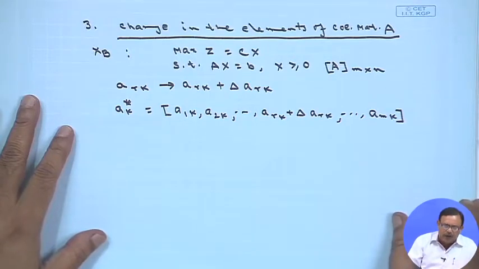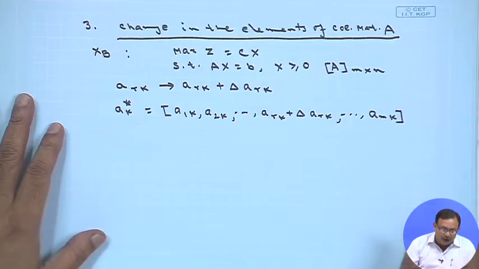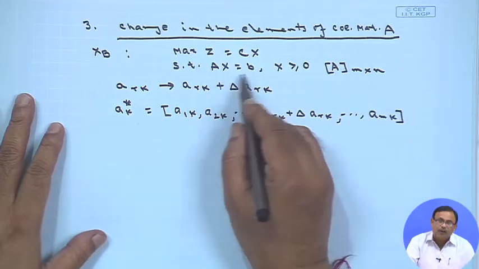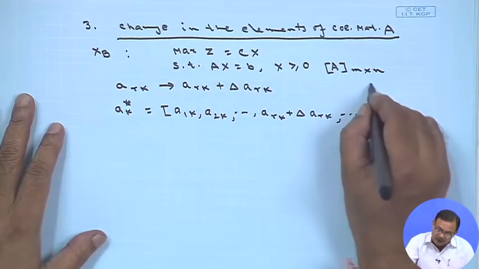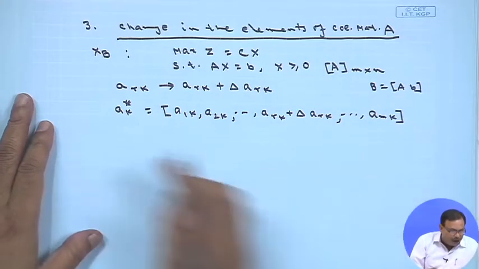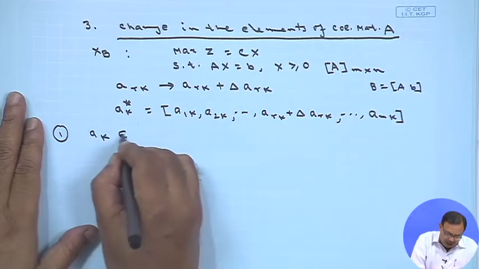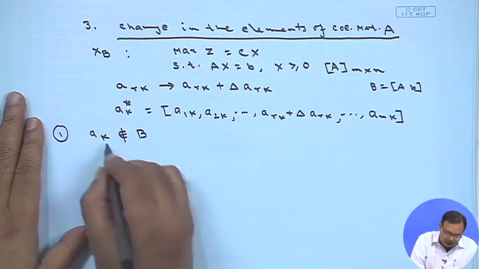Again, two cases may arise: either A k does not belong to B, or A k belongs to capital B. Capital B is nothing but the matrix A B. So, case 1, where A k does not belong to capital B.